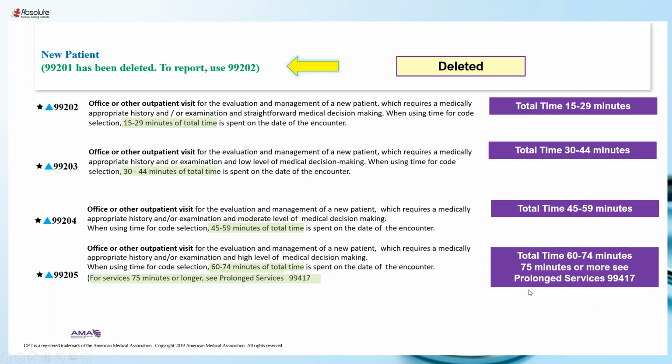And when that encounter is 75 minutes or more, you have to go and see the prolonged services code 99417. So we'll talk about that a little later, but it's most important that you understand that total time is going to drive your code. Now let's go ahead and look at our established patient codes.